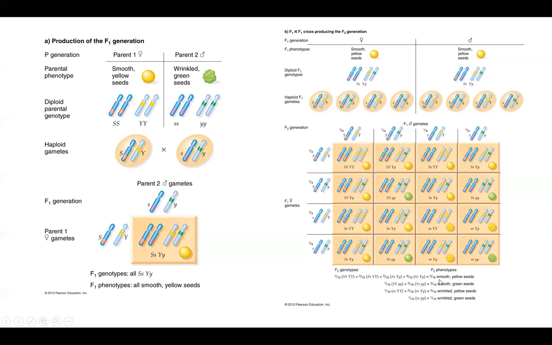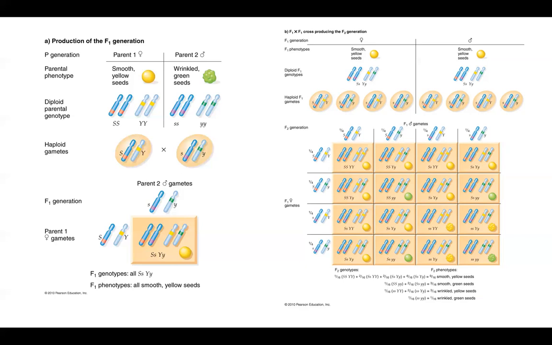You'll get 9/16 with the dominant phenotype for both, 3/16 for one dominant and one recessive trait, in this case smooth green or wrinkled yellow. And then one individual out of 16 will have recessive alleles at both loci, or both traits. So this is a lot of work and gives you a lot of opportunity to make mistakes.